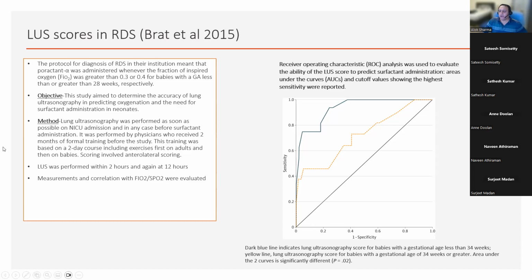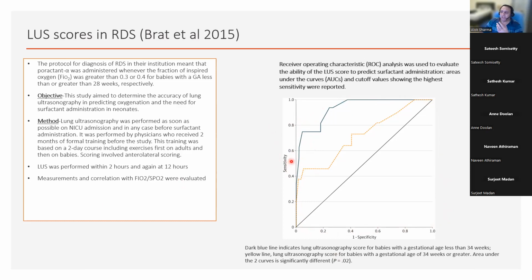Now, when you look at this curve, what does it quantify? It helps to quantify and evaluate babies who have RDS. We know that with severe RDS, naturally, our lung ultrasound scores will be on the higher side. And with milder RDS, based on Rosalind Brat's classification, as we saw previously, they'll be on the milder side.